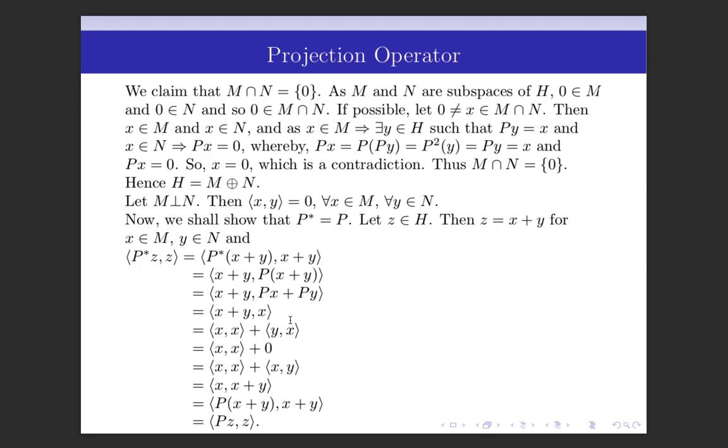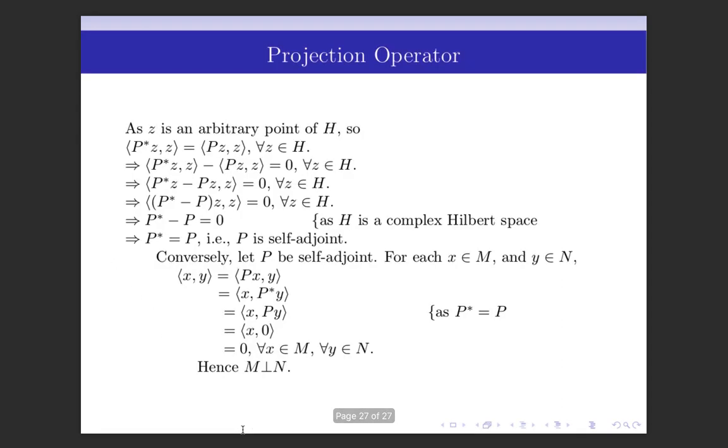And earlier we have seen that P of x plus y is equal to x. So here x can be written as P of x plus y, and the inner product with x plus y. And then replacing x plus y by z, we have the inner product of Pz and z. Here z is any arbitrary point of H, so this condition holds for any z belonging to H.